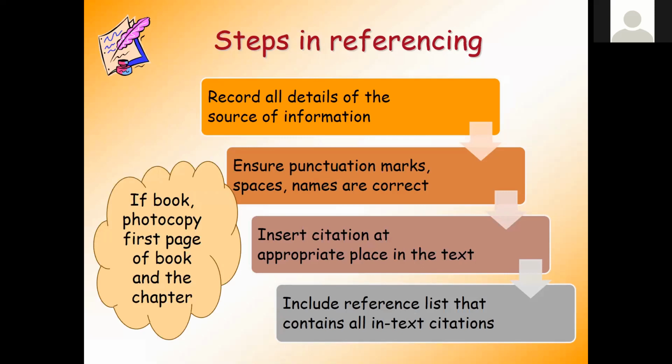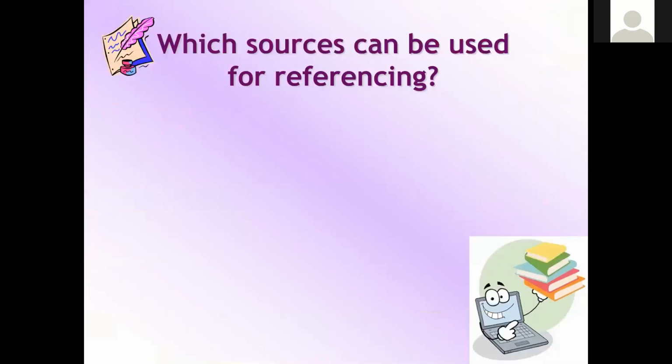So if you're using a book, or somewhere in a chapter in a book, please also photocopy the first page of the book as well as the first page of the chapter. And if you are citing it from somewhere in the middle of the chapter, that too. This is very important. You must keep it, because otherwise sometimes you finish writing and you can't locate the book. So this is very important.